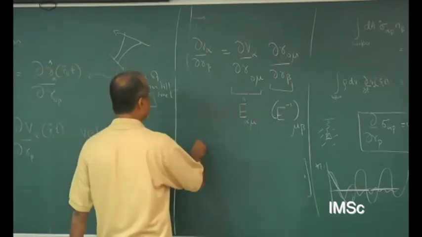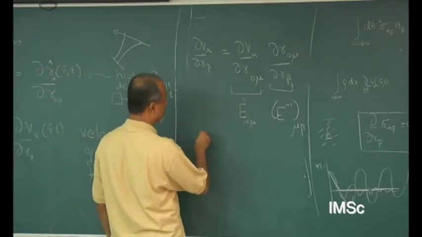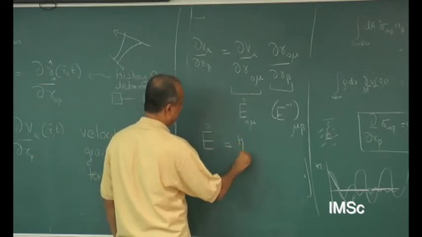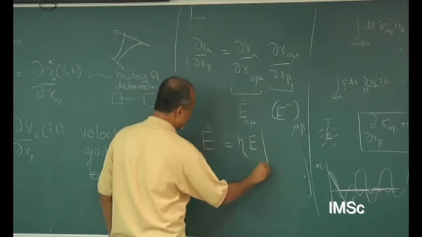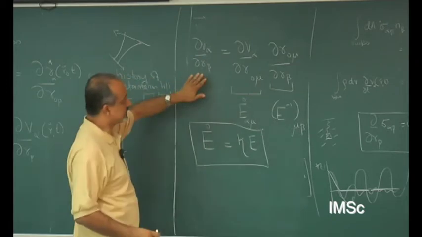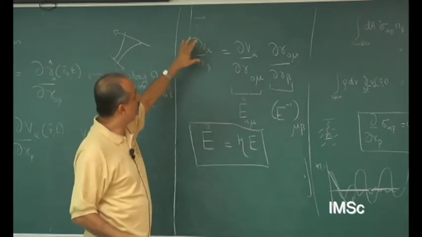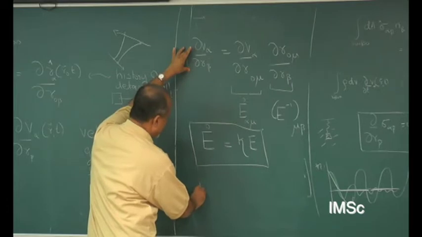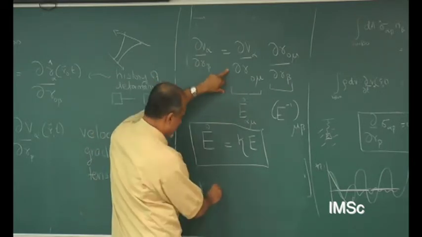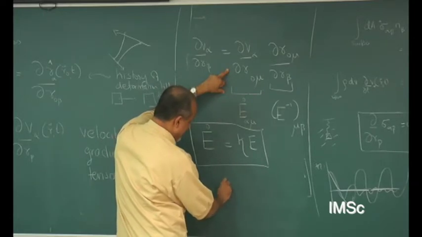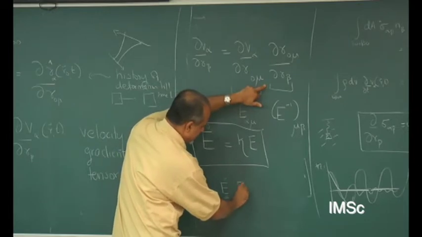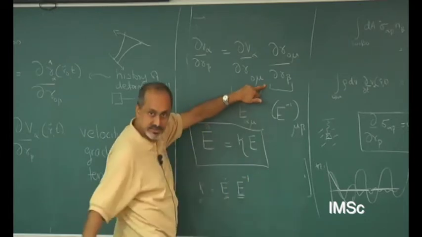So essentially what this is saying is that E dot is kappa times E. And I know this because I can just write this in a matrix form. What is here is kappa as a matrix. What is here is E dot as a matrix. And what is here is E inverse as a matrix.